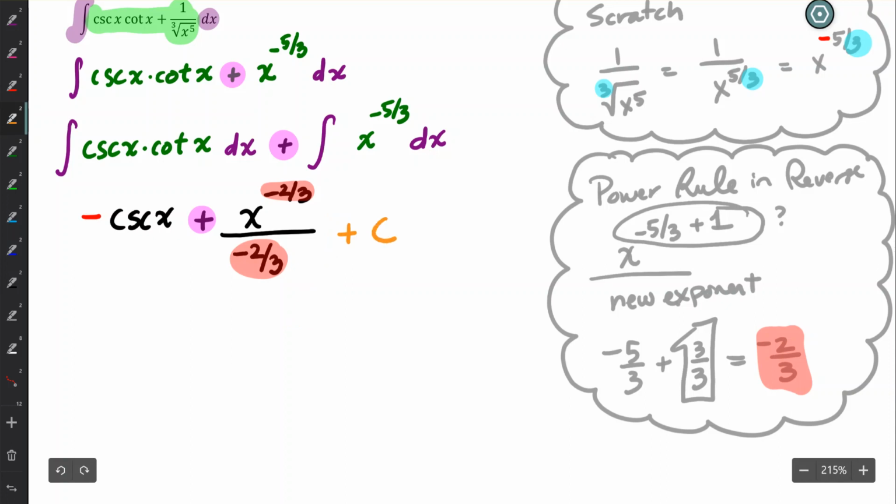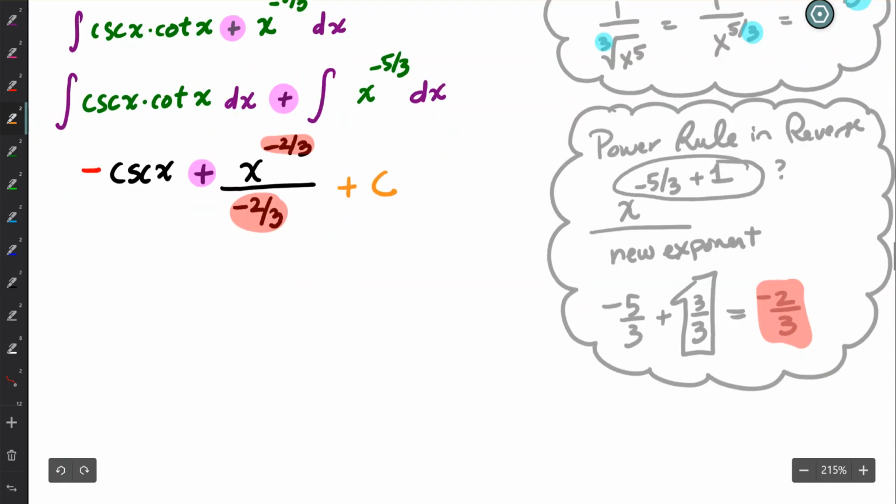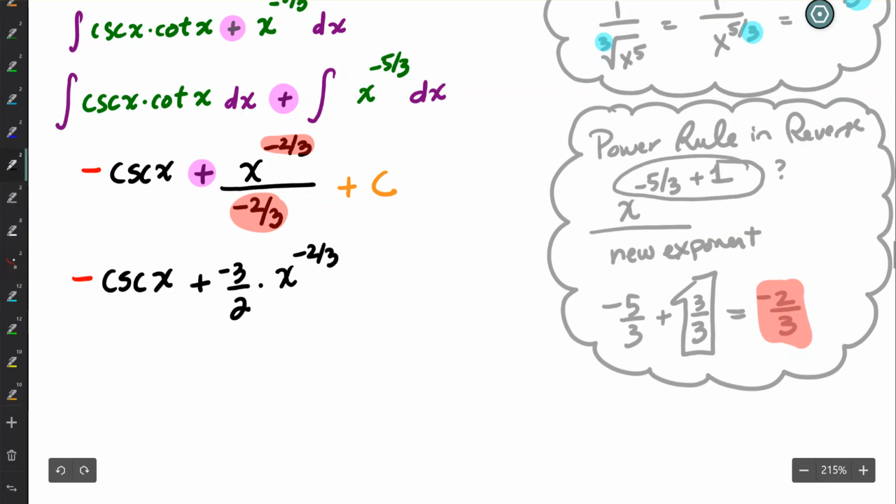The plus c. All right, so just cleaning it up: minus cosecant x plus, division by minus 2/3 is multiplication by minus 3/2, x to the minus 2/3, plus my c.